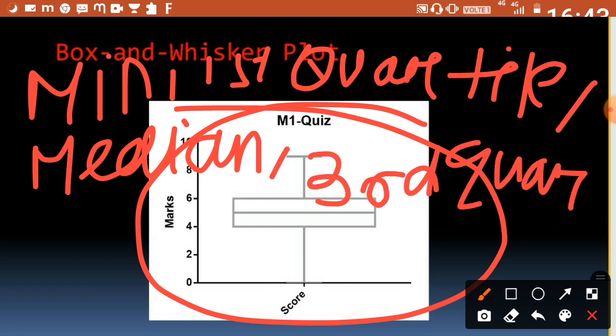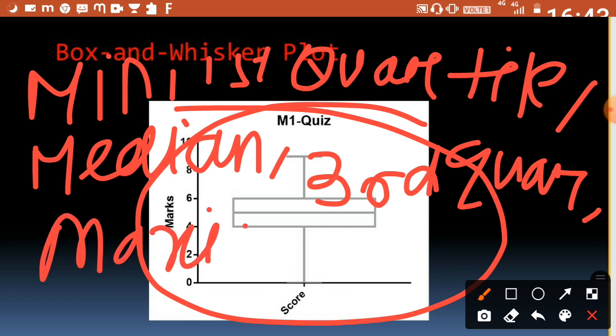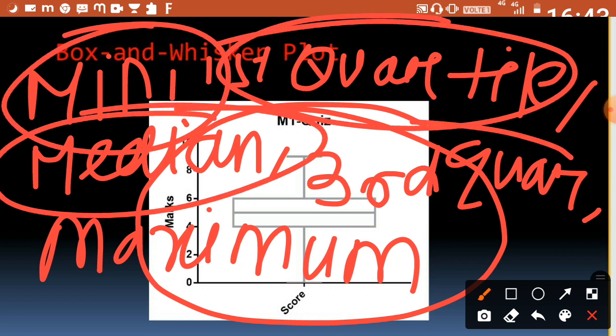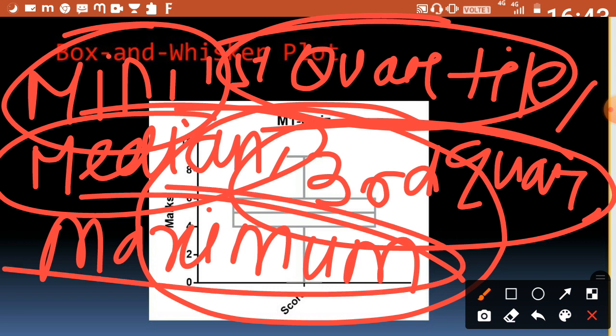I'm not writing quartile fully because my screen does not have enough space. And then we have our maximum. So we have to plot the 5 points: the minimum value, the first quartile, the median, the third quartile, and the maximum, right?